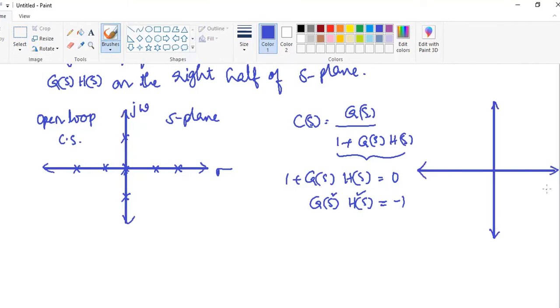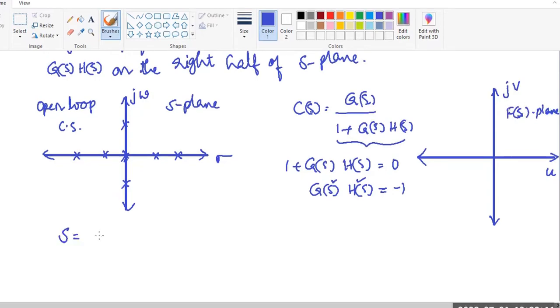Here the real axis is represented by letter u and the imaginary axis is represented by letter jv. So this is nothing but the F(s) plane. This is the complex variable s, which is equal to sigma plus j omega. Corresponding to s, we can write a function of s, which is known as F(s), equal to u plus jv.